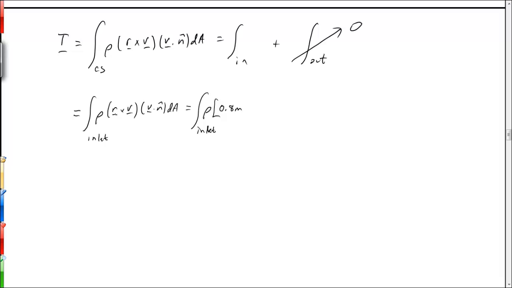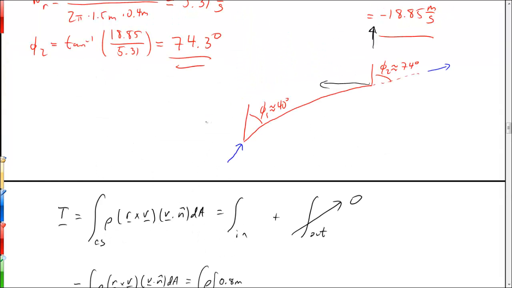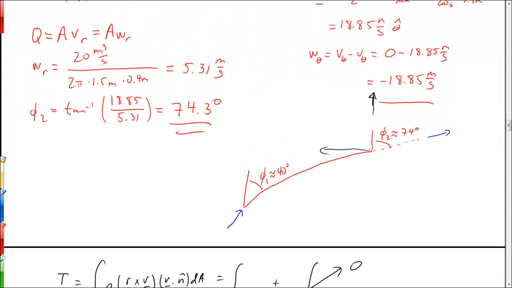We're going to cross r with v, which means that we're going to get r, something in the r hat, crossed with v, which has both components in the r hat and the theta hat direction. But r cross r, of course, is 0, so we only need to worry about the theta hat direction. So we get r, which is 0.8 meters, times v theta, which is at the inlet.